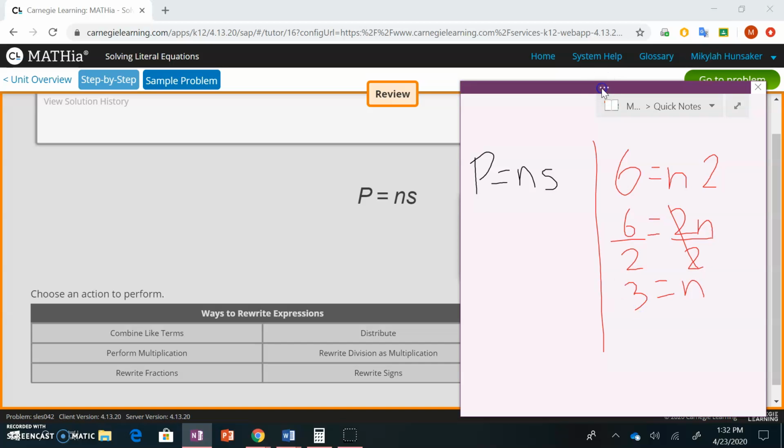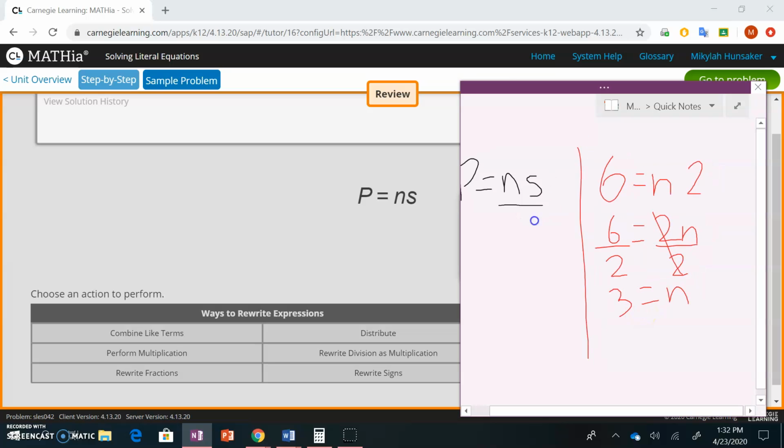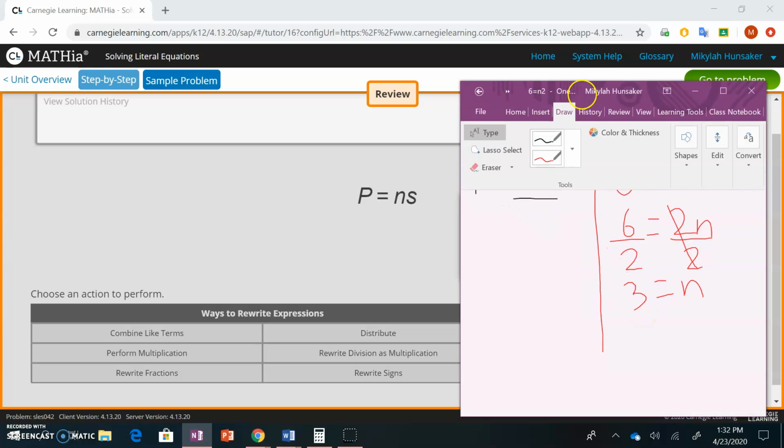Over on this side, we're going to do the same thing, except remember this s is like the 2, so we're going to divide by s instead. Come on, computer. Divide both sides by s.